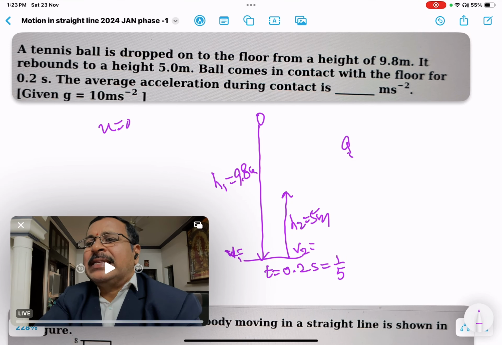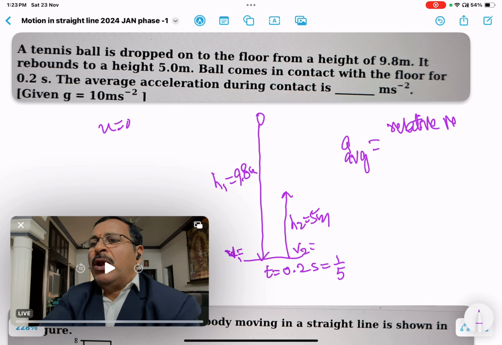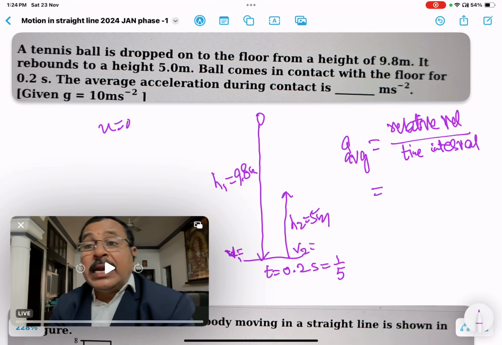Then the average acceleration formula is there, no? Average means relative velocity divided by the time interval. Relative velocity has some conditions.